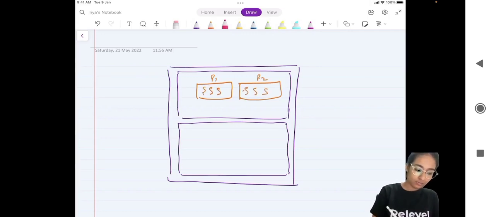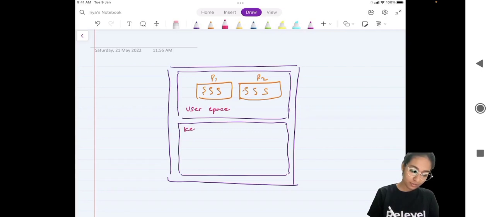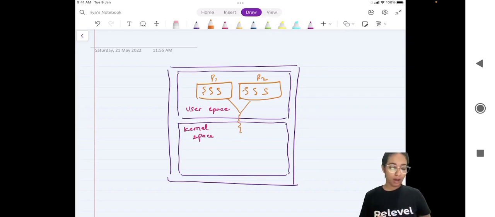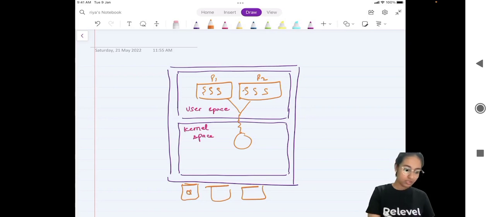And this is the user space. This is the kernel space. The user space is not bothered about the kernel. And before that you also have the CPU over here.